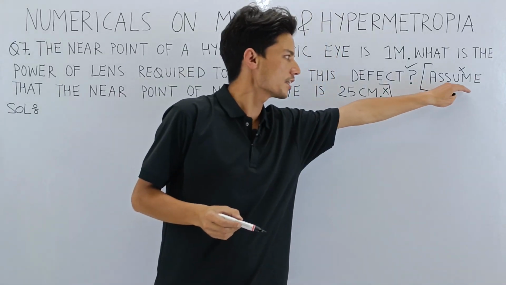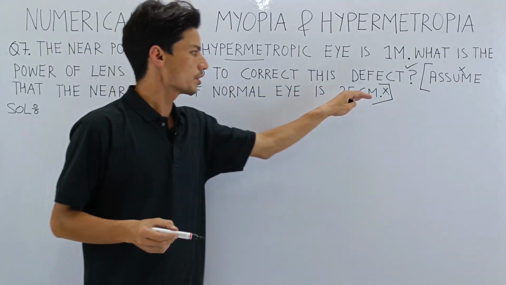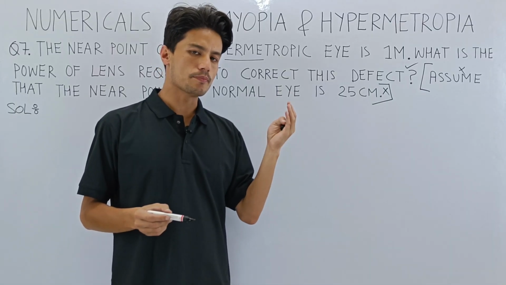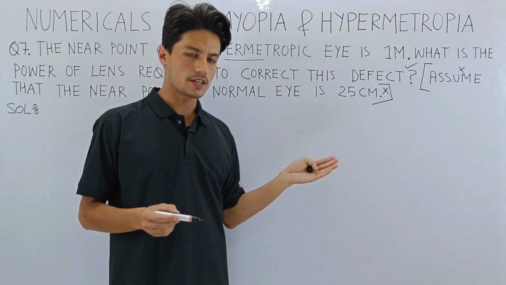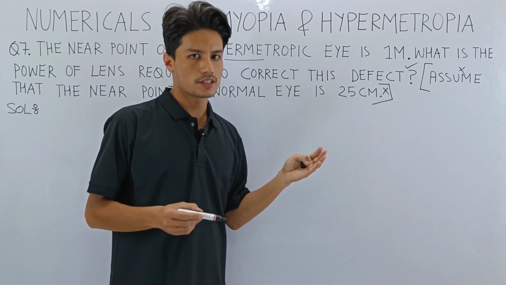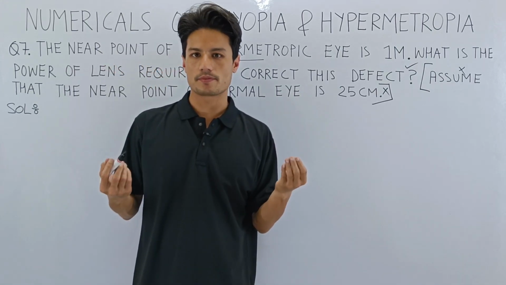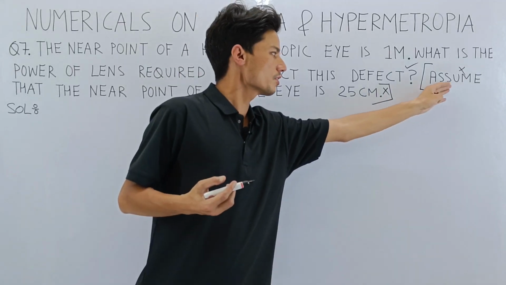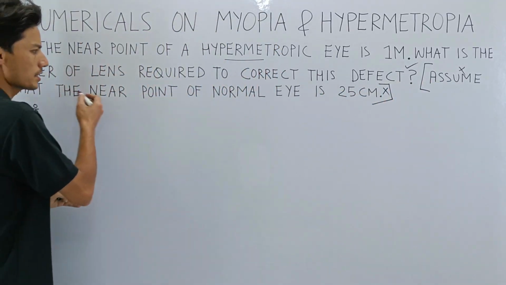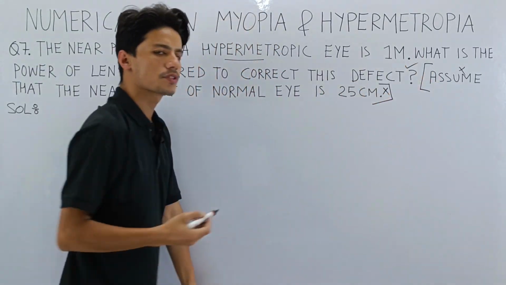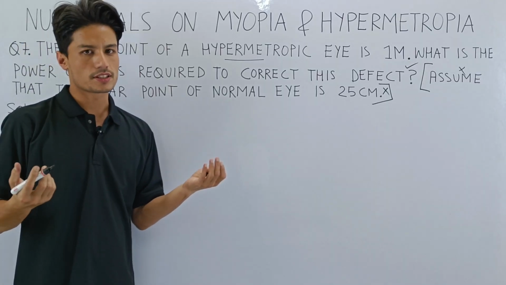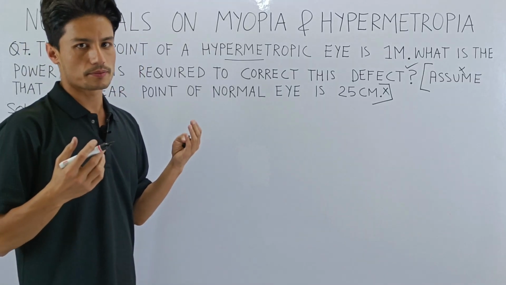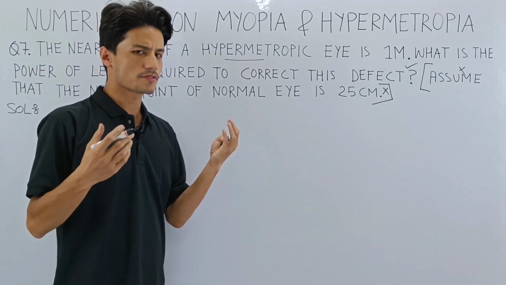Also you already know that for hypermetropia you will write minus 25, because that is how it goes, isn't it? That is the advantage of understanding the concept. Even if this sentence is not written, you are not going to face any difficulty. So that's how easy it is. Understand the concept, and once you understand the concept, things are very, very easy.